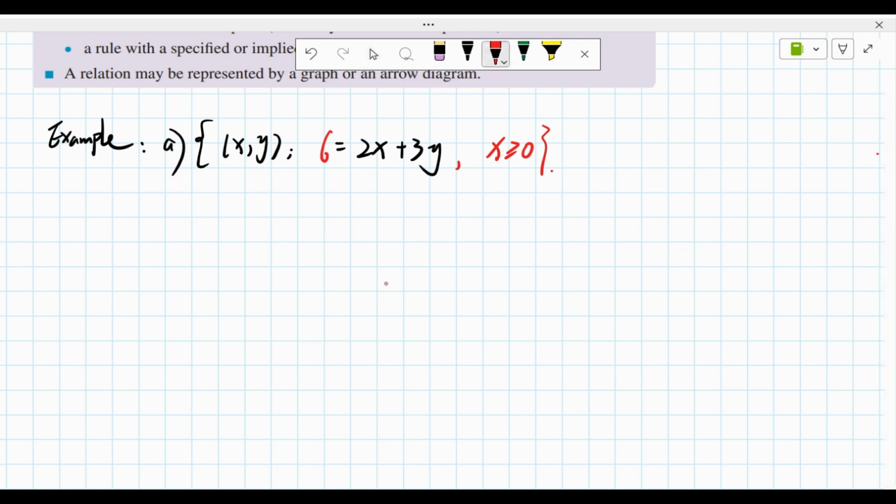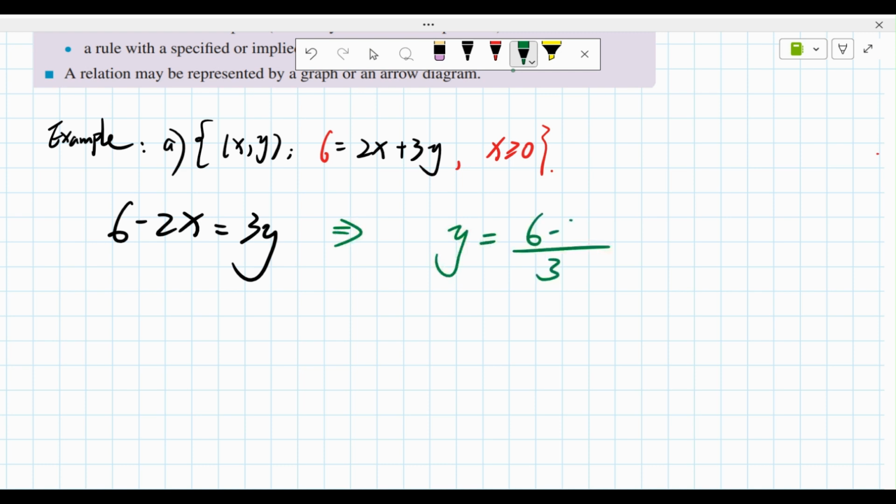We could do a quick example like 6 minus 2x equals 3y. Divide both sides by 3, and that becomes y equals minus 2 on 3 x plus 2.